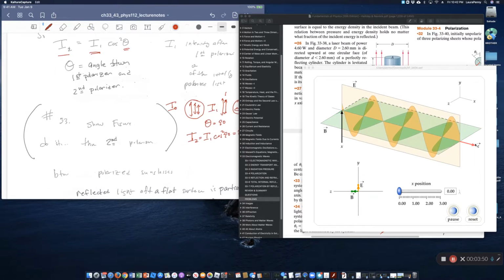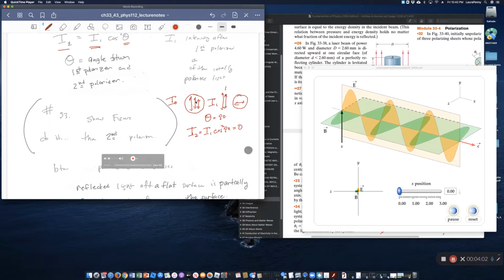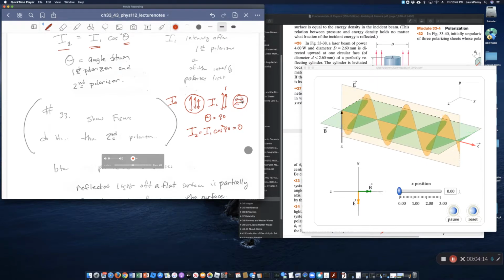So say we had some initial intensity that comes into our first polarizer, where the polarizer is all vertical, and then that comes out and we have our E1, which is going to be all vertical. Then we go through a second polarizer, which is perpendicular to that.